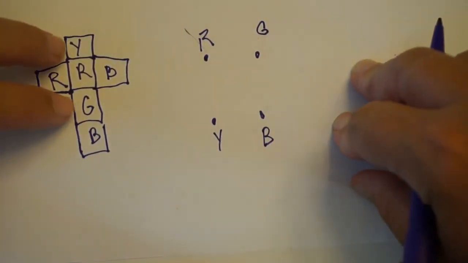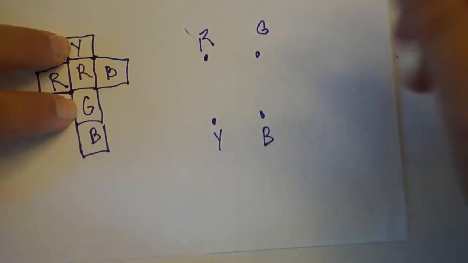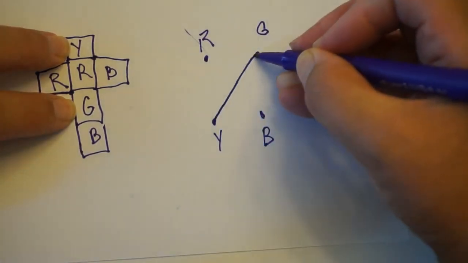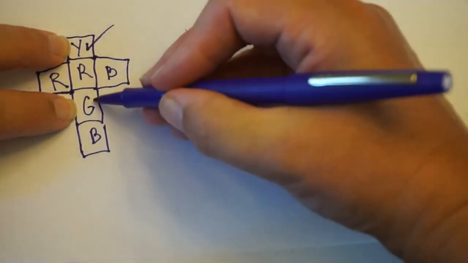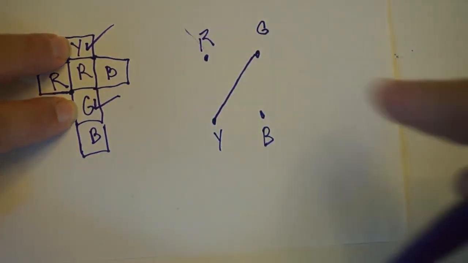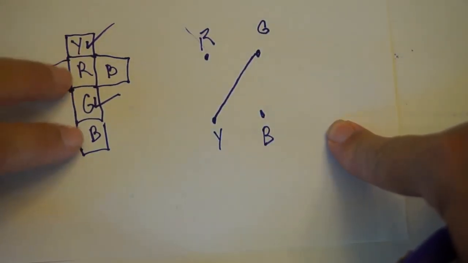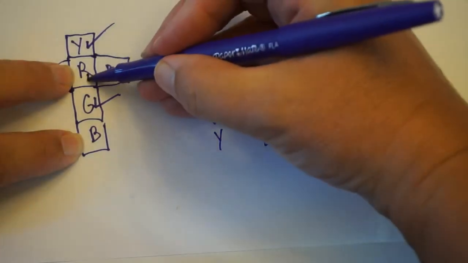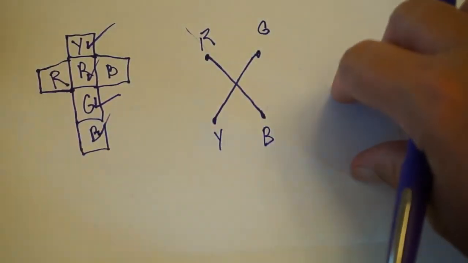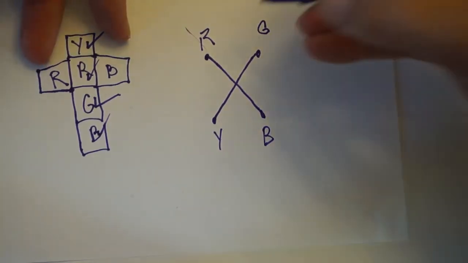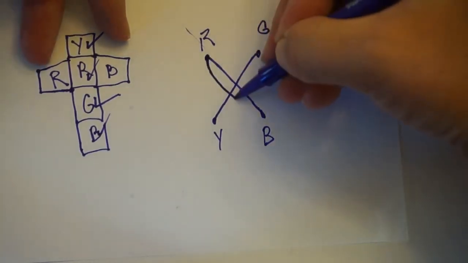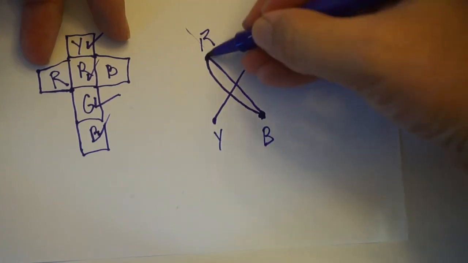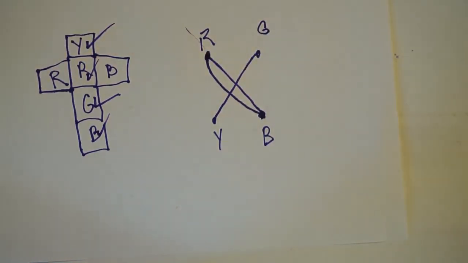Well, we have yellow to green. So I've done these. I'll just check them off maybe. Those are opposites if we fold this up to make a cube. We've got red to blue, which are opposites. Done those. And then we also have another red to blue. So we're going to indicate that this way. We just connect the red and the blue twice.